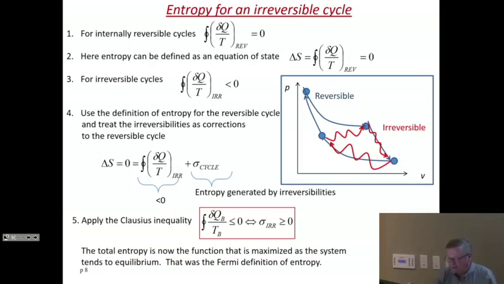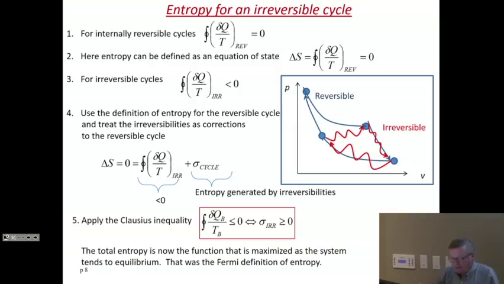And that means that if I have this transformation and I apply it, this is basically the entropy that is generated by the irreversibilities. If I now apply the Clausius inequality to that, indeed, I can get this to be negative, even though that has to be 0, because it's an equation of state, by having a certain amount of irreversible entropy to be positive.